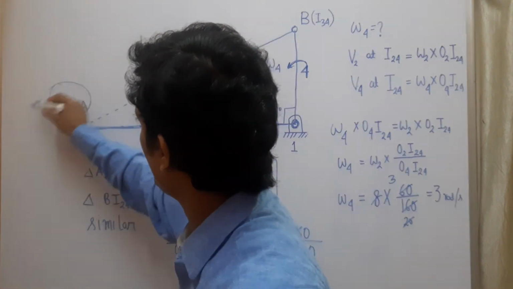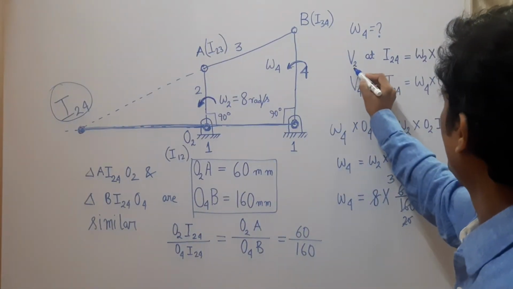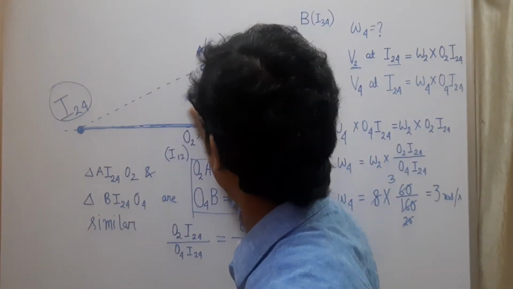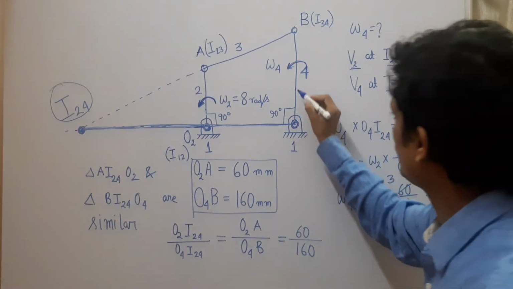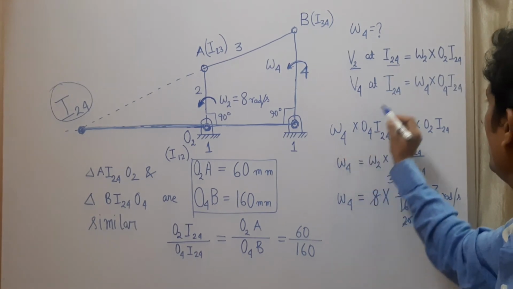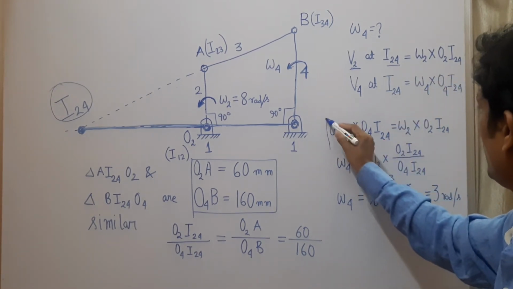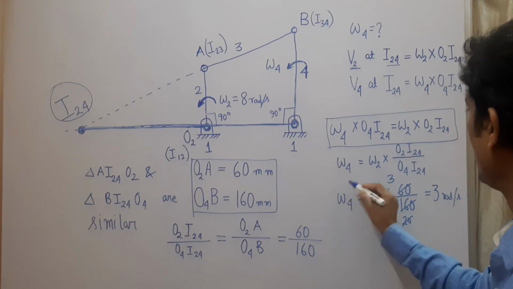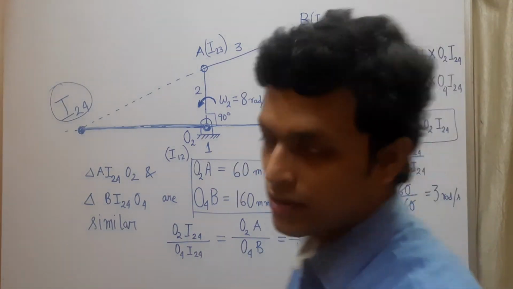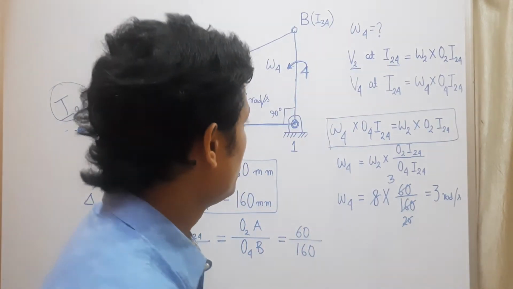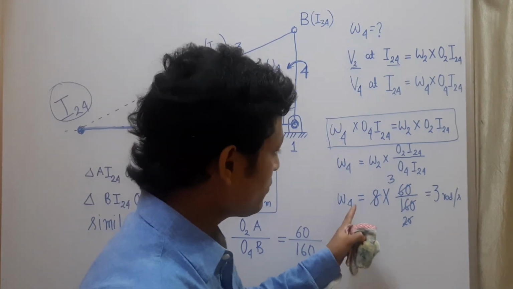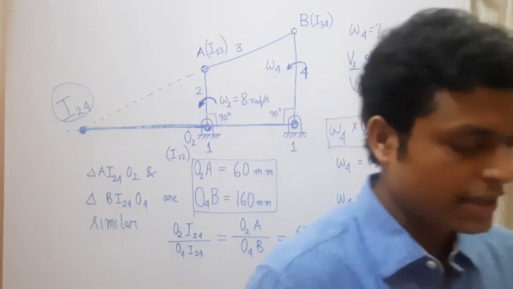So first locate I24, then velocity of 2 at I24 will be equal to velocity of 4 at I24. Apply this, and we will get an equation, and then you can easily find out omega 4 by solving the geometry only. So we have solved this problem, and by the relative velocity method we got the same answer.